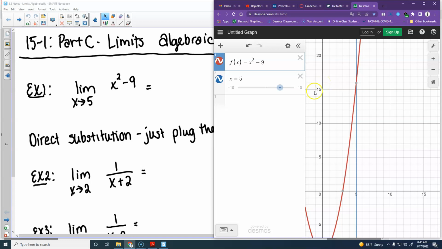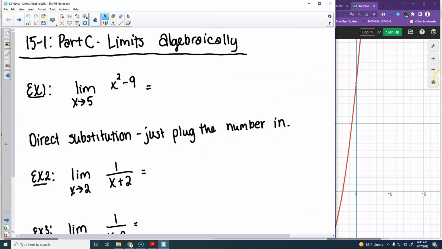All right. So the very easiest way to do a limit algebraically, if you know the equation, is just to plug the number in. So you can see here, if I just take this 5 right here and plug it in, I would do 5 squared minus 9.